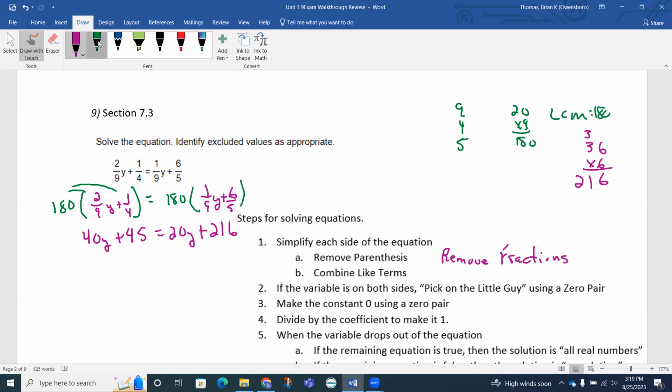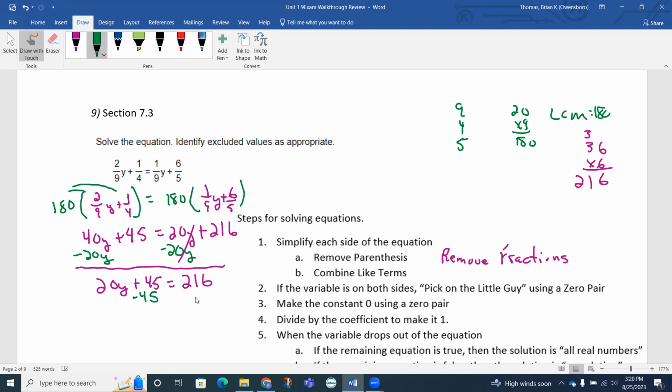Now I want to pick on the little guy. Since the variable is on both sides, the little guy is the 20y. I'm going to subtract 20y here as long as I subtract 20y over here. If I simplify, the 45 comes down and the 216 comes down, because the 20y and the negative 20y zero out. Next, to solve for y, I want to get rid of the constant 45.